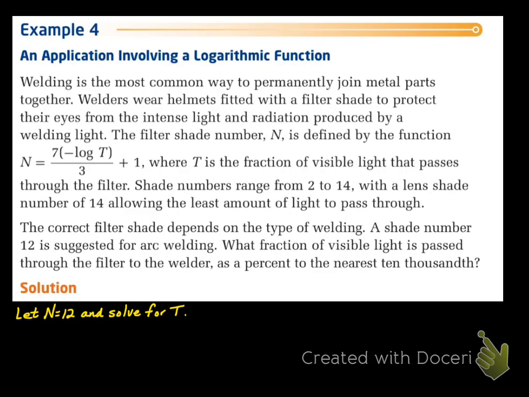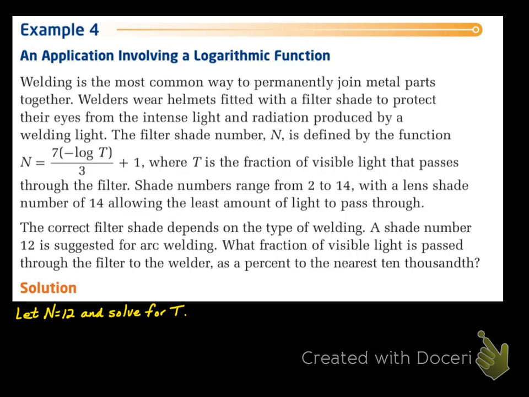In our last example, with an application involving a log function, we say that welding is the most common way to permanently join metal parts together. Welders wear helmets fitted with a filter shade to protect their eyes from the intense light and radiation produced by a welding light. The filter shade number n is defined by that function, where T is the fraction of visible light that passes through the filter.